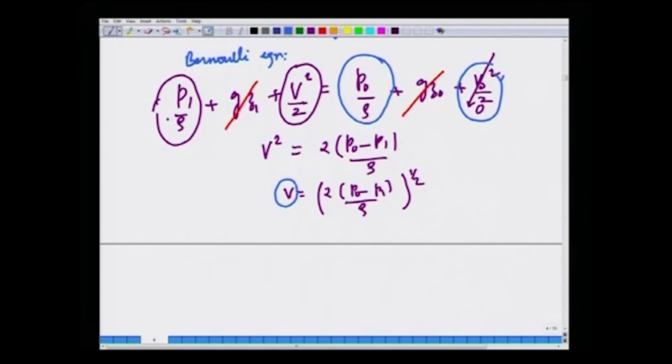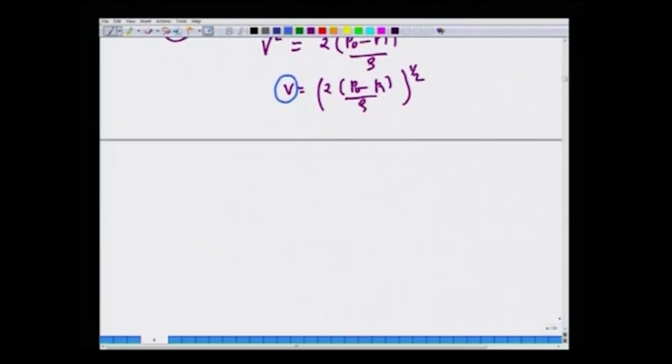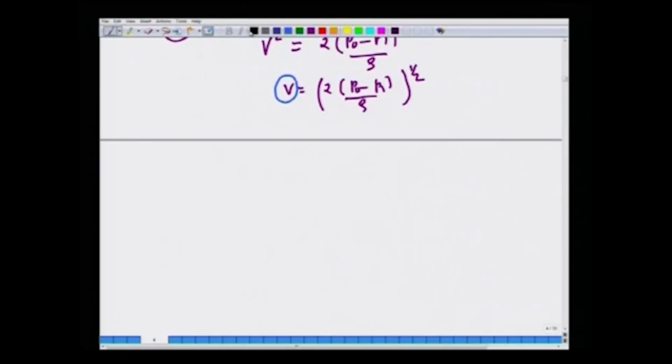Now, how do we do this experimentally? This is conceptually how it comes about, but we also have to find a way experimentally, and it is done by what is called the pitot tube. The pitot tube is a way to measure stagnation pressure.